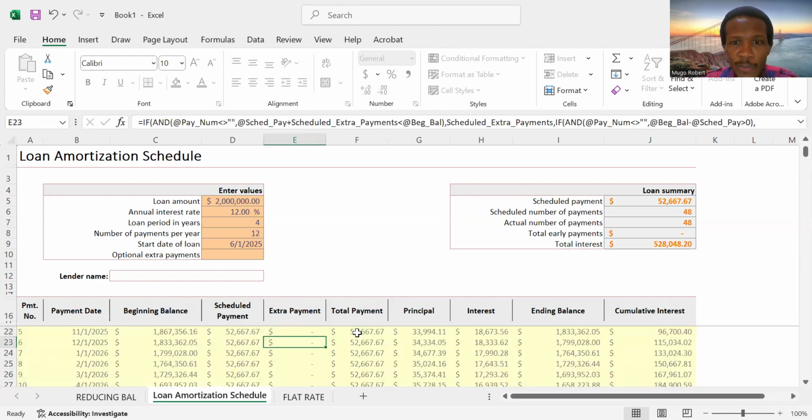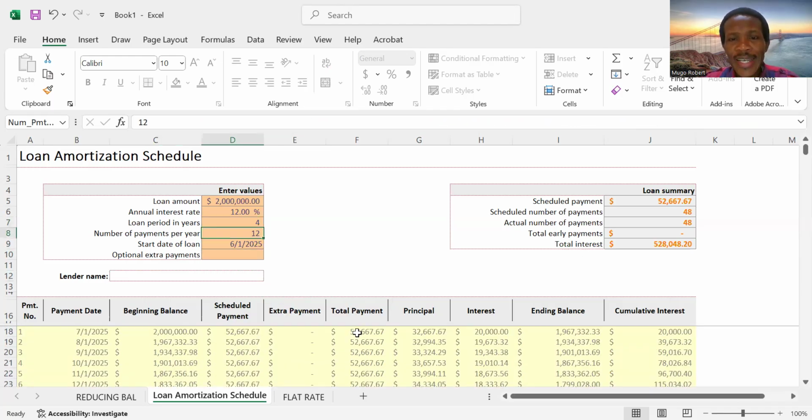The principal keeps on increasing. The first month you pay less principal. As you go, you keep on increasing the principal. The interest now does the opposite, keeps on reducing. You can see here the principal is 32,667, interest is 20. Principal increases to 32,994, interest is 19.